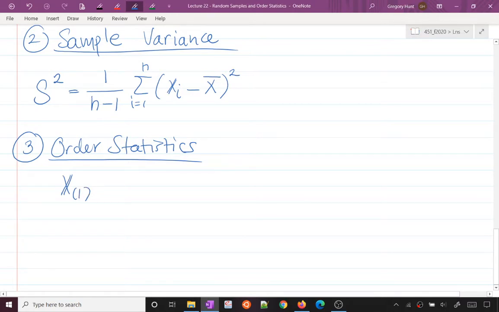I'm putting parentheses around the subscript 1 to note that this is the minimum of my x sub i. Alternatively, some notation for this would be the min over i goes 1 to n of my x sub i. So I collect my random sample, and it's going to be the smallest value.